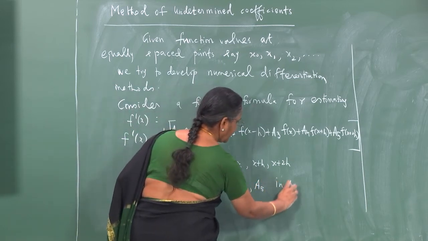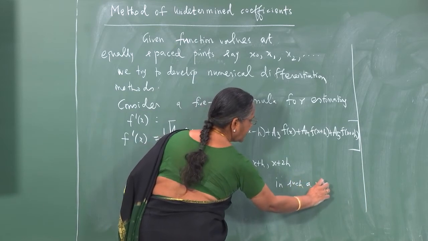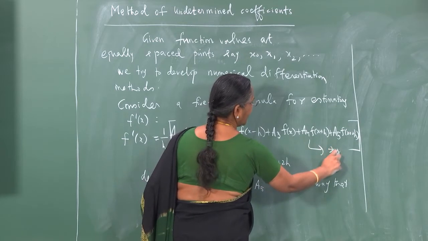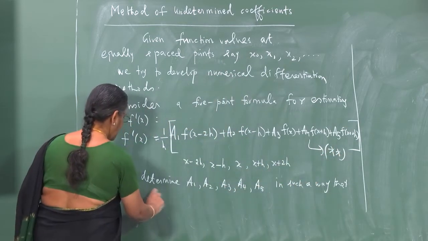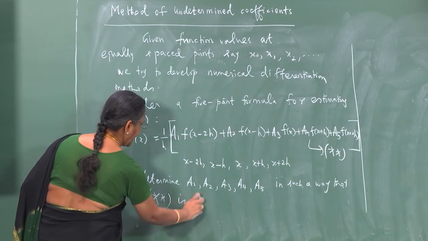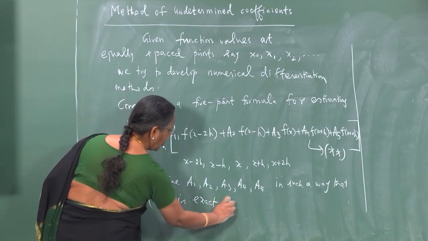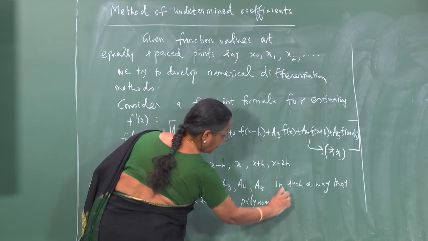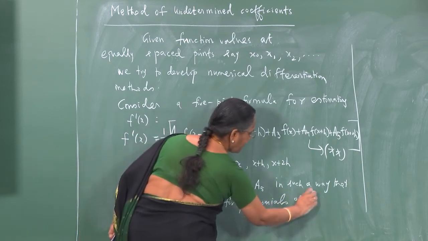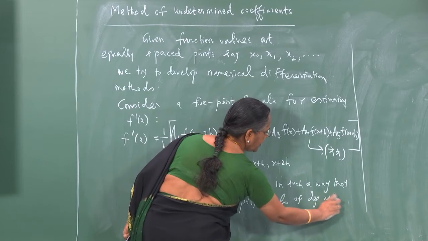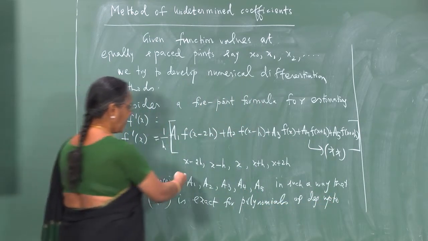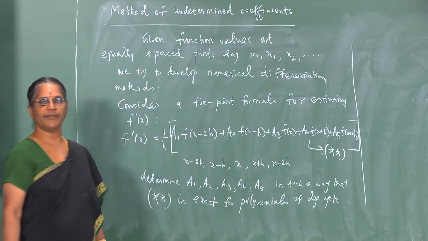in such a way that this method, which I call double star, is exact for polynomials of degree up to, let us see, how many constants do we have? There are 5 unknown constants to be determined.